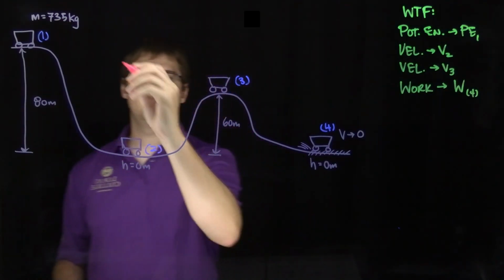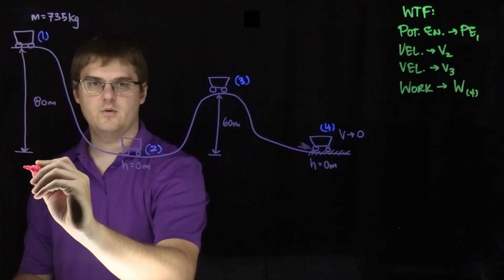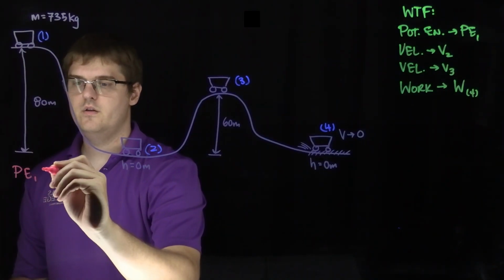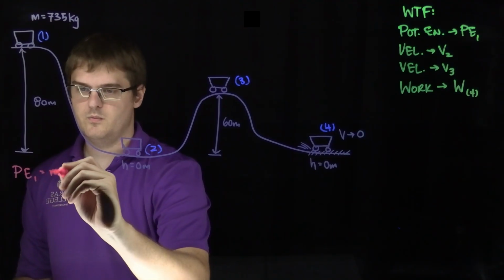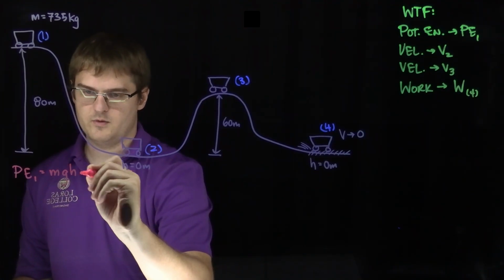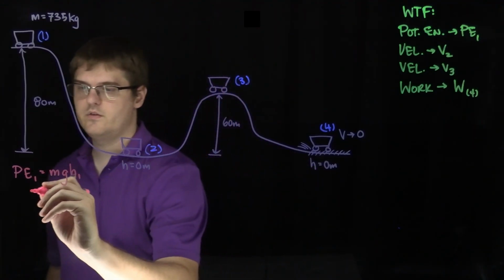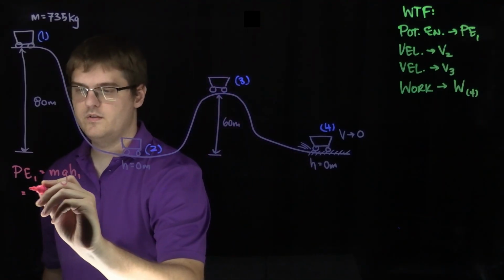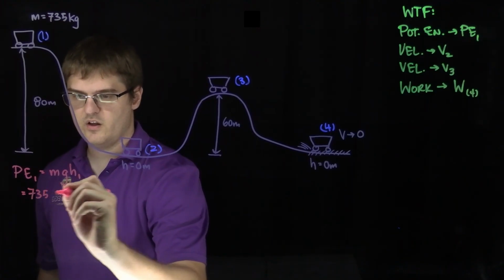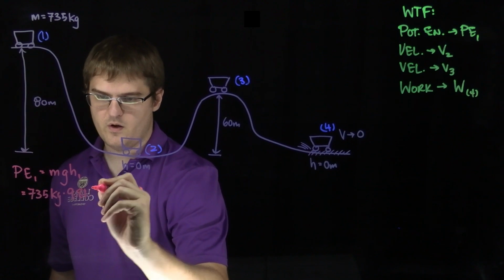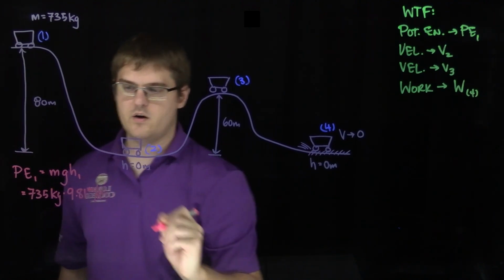Potential energy, and I've got a nice little spot down here for it. Potential energy at 1 is equal to mass times gravity times my height at 1. My mass is 735 kilograms. Gravitational constant is 9.81 meters per second squared.